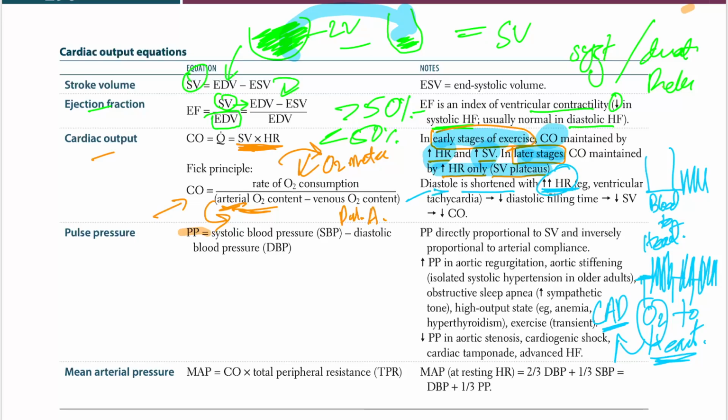The diastole is shortened with increase in heart rate, leading to decrease in diastolic filling time, so decrease in stroke volume and decrease in cardiac output. And for a patient who already has CAD, the best way is to have a brisk walk.